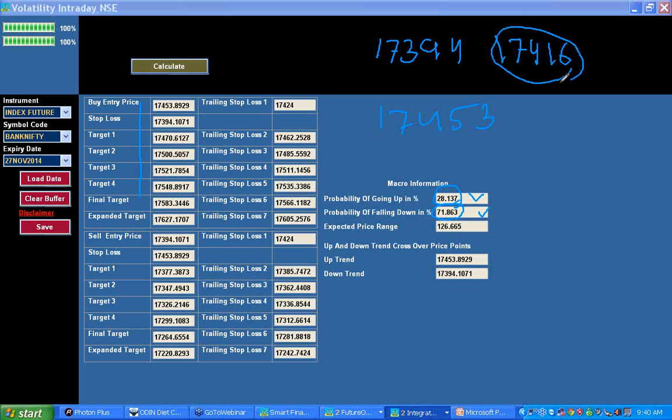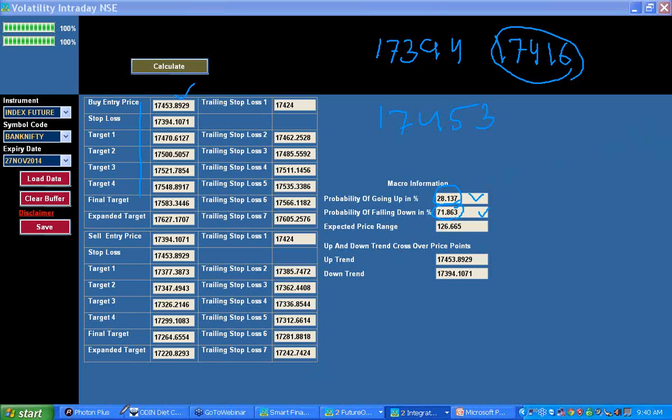Confidently I can sell it with a stop loss of 17,454. If it were a 50-50 ratio, or something different, then I would not have taken that position, but confidently I can. It is a 72% against a 28% probability.